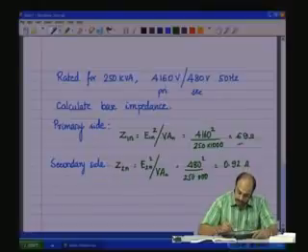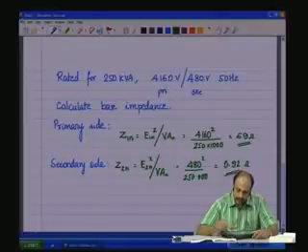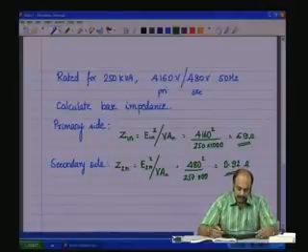So, this becomes the base impedance. So, any impedance value divided by the base impedance will give you the per unit impedance.